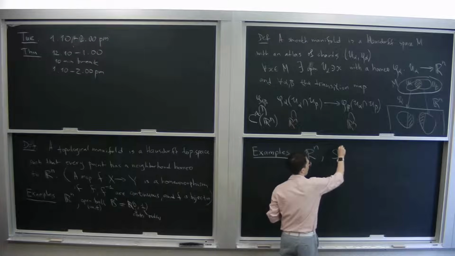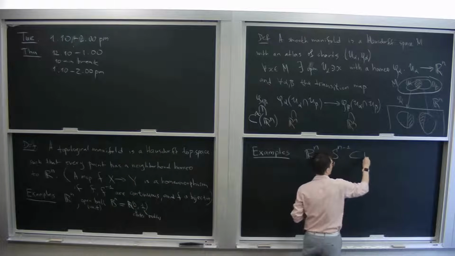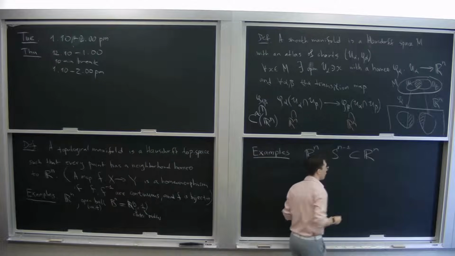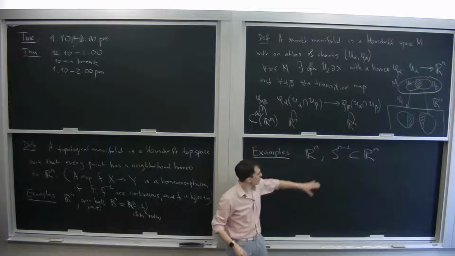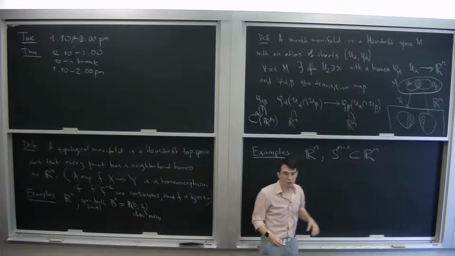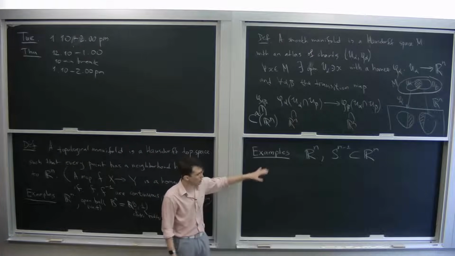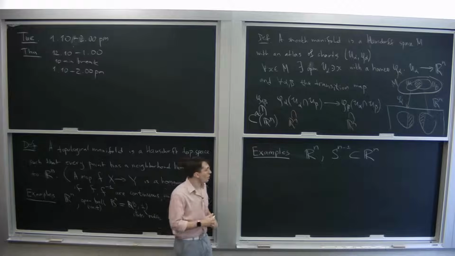I can take Sn minus 1 sitting in Rn. It will be an n minus 1 dimensional smooth submanifold of Rn, right? Any hyperplane in Rn will thus be a submanifold in Rn, and so on.